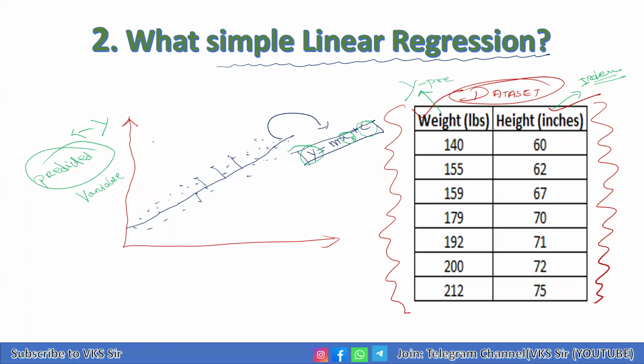That one is the c, which is known as the intercept. This intercept is nothing but where this line, which you already know is the regression line, touches the y side.